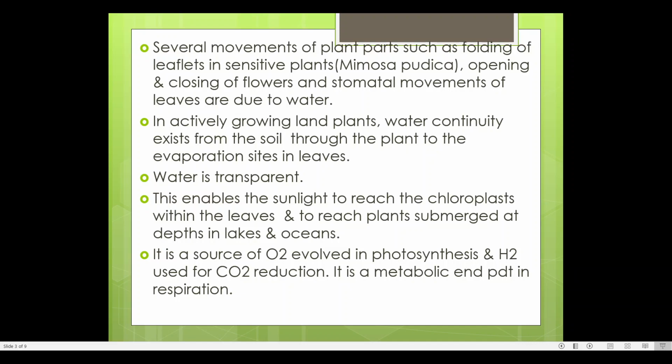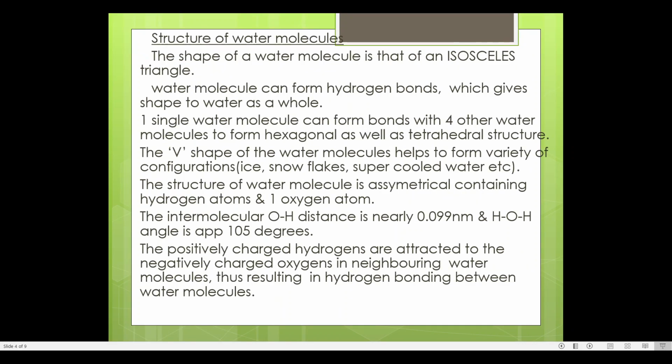It is a metabolic end product in the respiration process. So every biological activity, photosynthesis, carbon dioxide reduction, carbon assimilation, the respiration process, all these are maintained with the help of water molecules only.